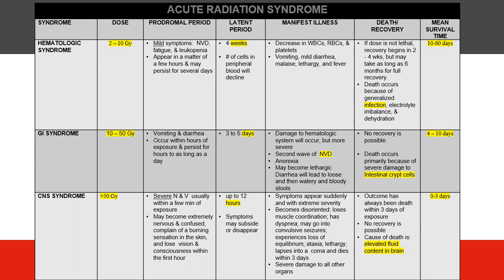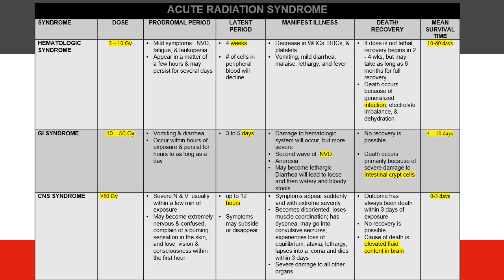Then the manifest illness will hit. They're going to have a decrease in their white blood cells, red blood cells, and platelets, so all blood cells are affected. They're going to have vomiting and mild diarrhea again. Malaise, which is just being very tired and lethargic, and they're going to have a fever. And these are all symptomatic of hematologic syndrome of the blood.